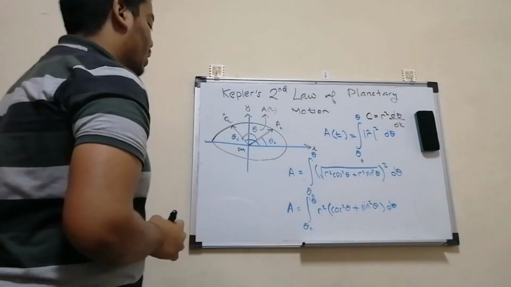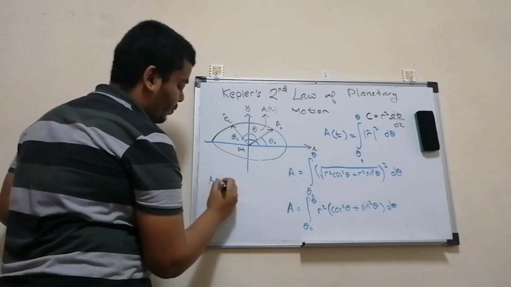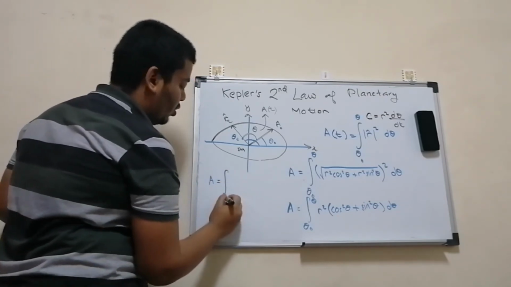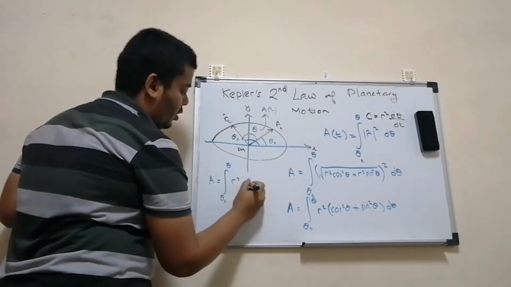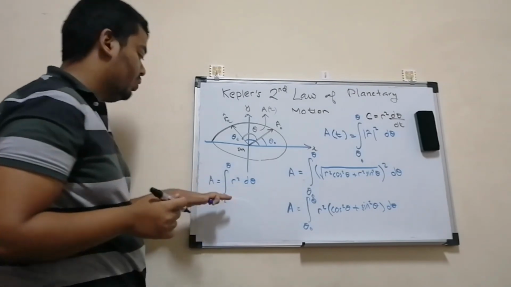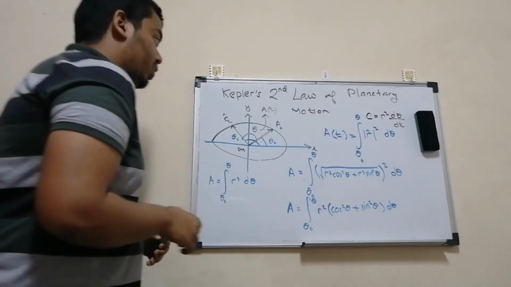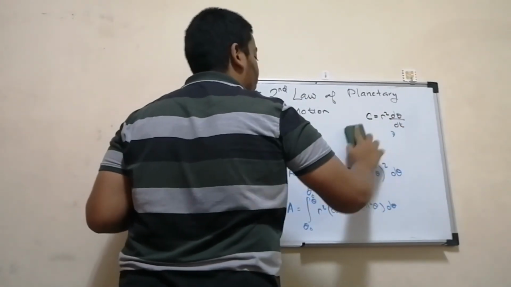Perfect. And now this area can be written as A is equal to the integration from theta initial to final theta of r squared d theta. So now we will focus on this part specifically, okay? We are in the final stages of deriving our second law of planetary motion.